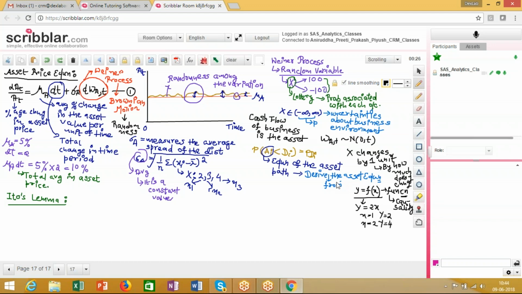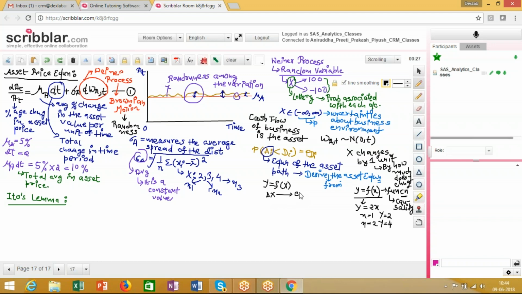So let's see this. For example, say I have the function y equals f(x). Now what happens is x changes by an amount delta x.